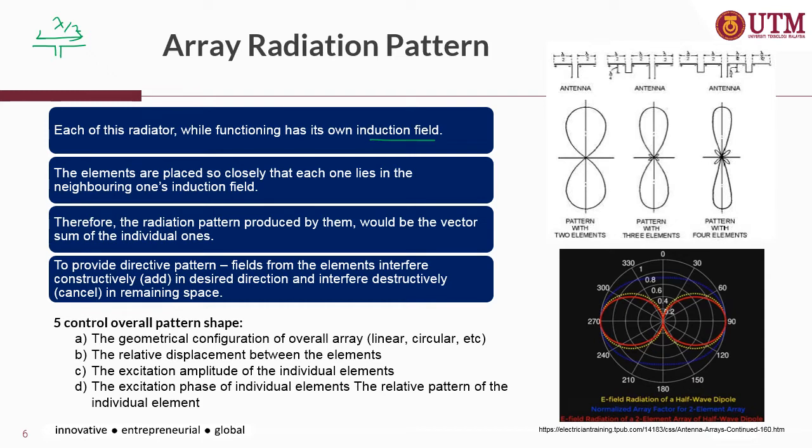So in an array structure, the elements are placed so close that the induction field produced by one element will be in close contact with the adjacent elements. All right. Therefore, the total field or radiation produced by a multiple element structure or an array will be the vector sum of the individual induction or radiation produced by the single elements.